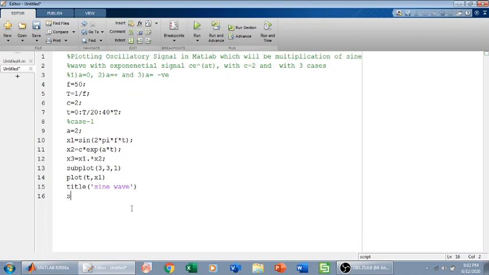Then at the second subplot position, I will plot x2, which is my increasing exponential, and give it the title exponential signal.